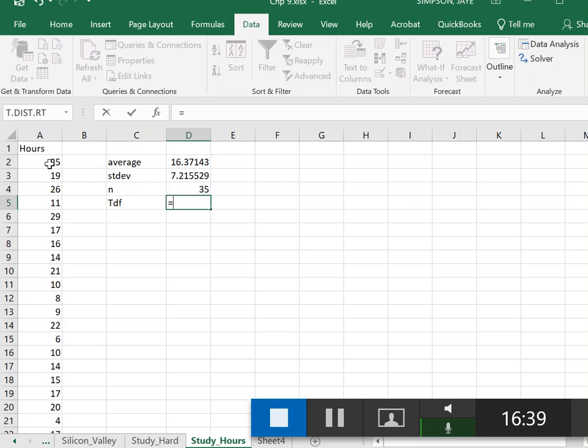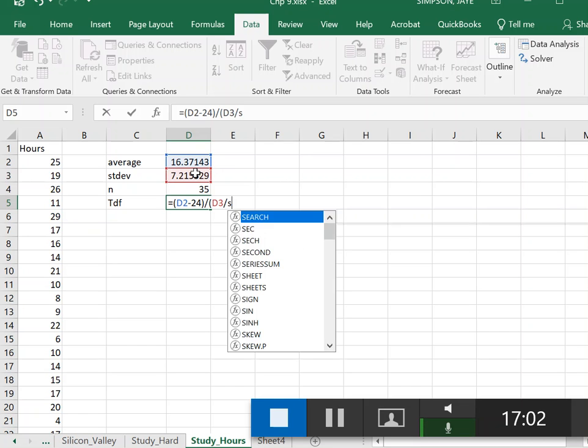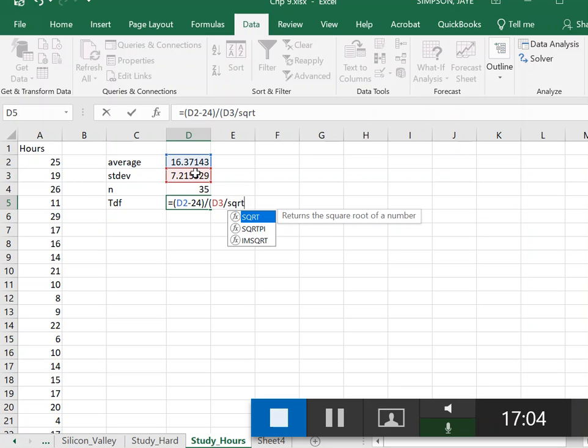So for my t-test here, the formula, remember, we have to remember to use our parentheses. It's going to be the sample average minus the null mean, which was 24, that's what we're testing, divided by, let me open some more parentheses, the standard deviation divided by the square root of the sample size, which I've put there in D4, and then close all my parentheses.